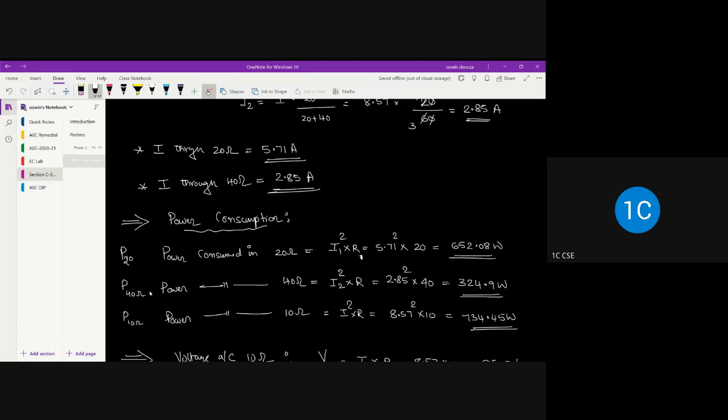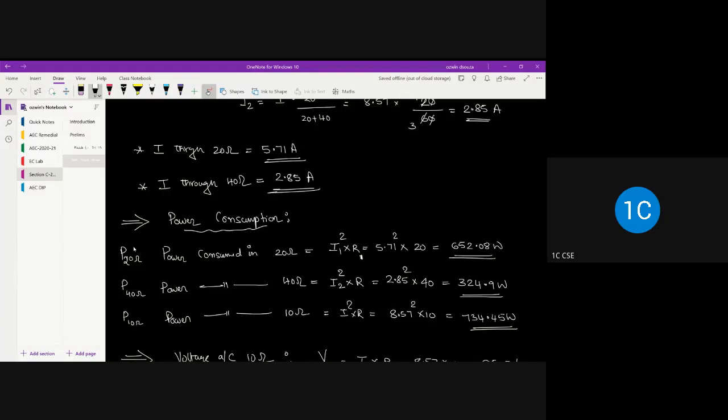It is understood that you are trying to find the power consumed in the resistors. All these shortcuts you can use in the coming classes, but as of now, let us go a little slow. So that's your first problem.